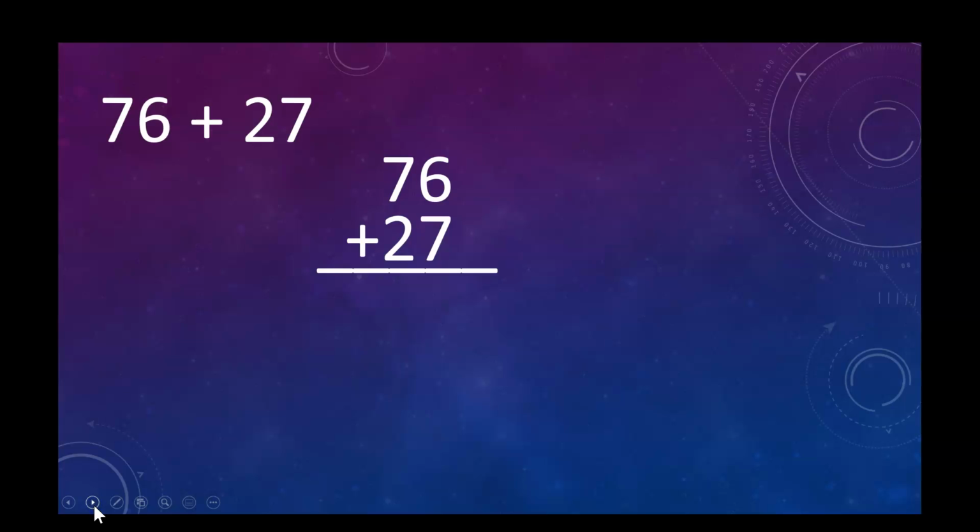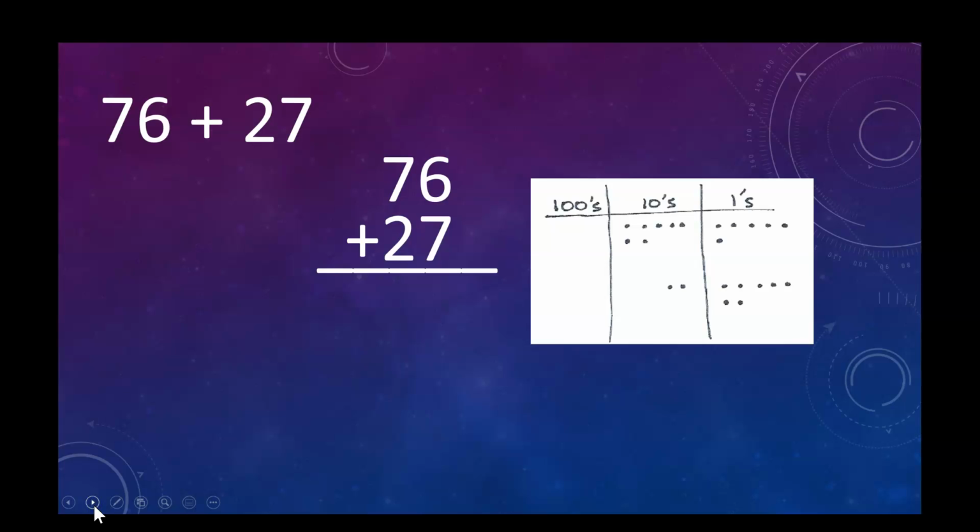Alright, so we've been learning how to set this up vertically and add the ones and then the tens place. And now I'm going to show you how to use a hundreds chart. So we've got a hundreds chart here, and what they did was they represented the number 76 here at the top. So they wrote 7 tens.